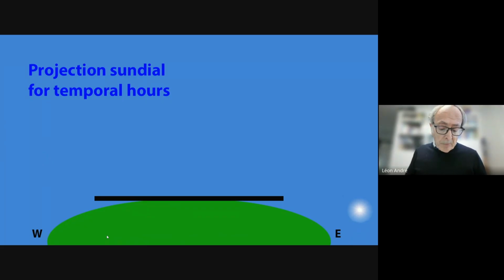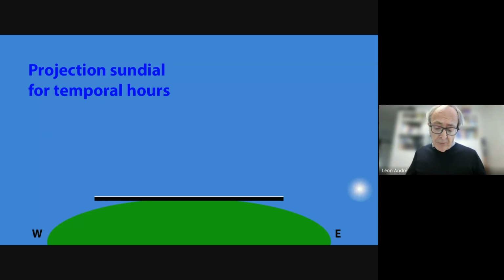You remember, temporal hours were already used in ancient Egypt, and in our region, they were common until the early Middle Ages. The time of daylight, that is from sunrise to sunset, was divided into 12 daytime hours.